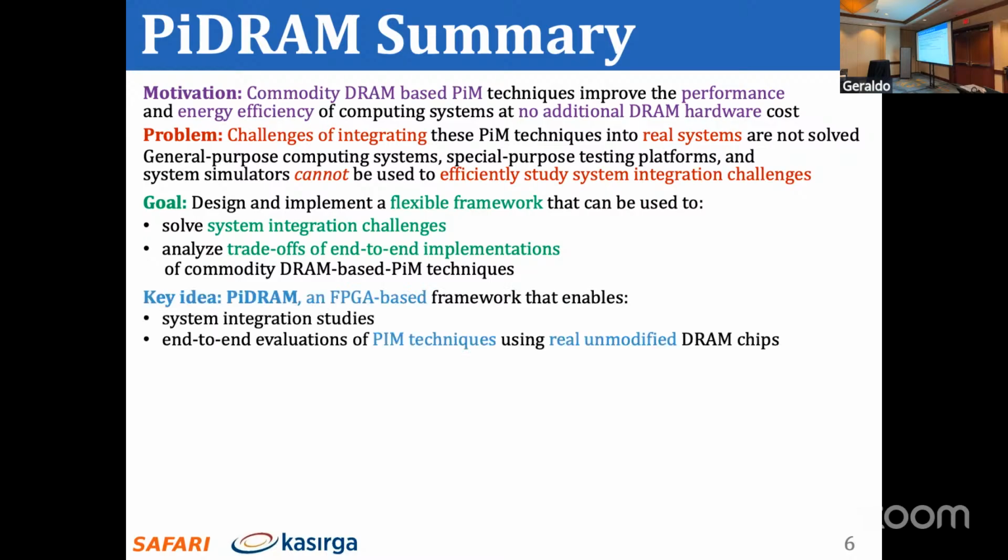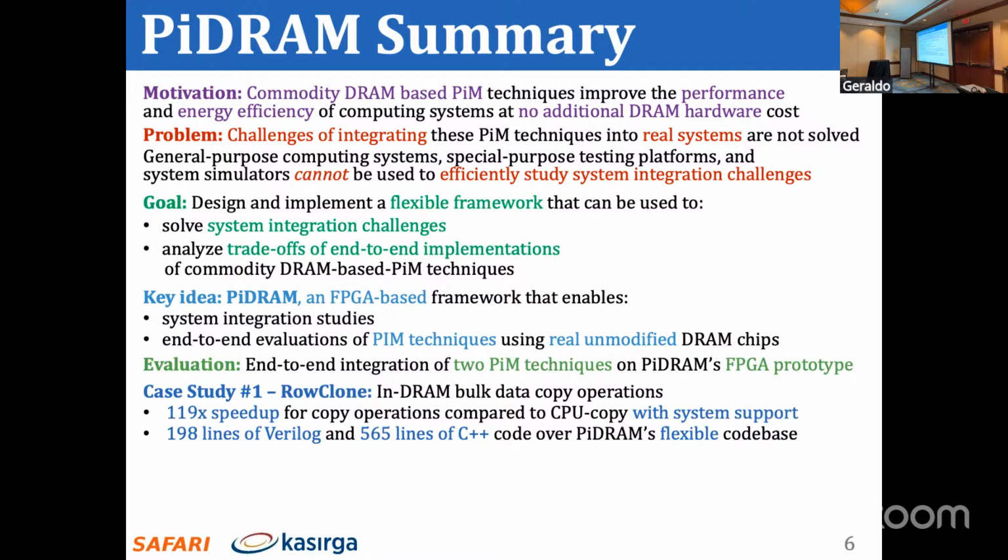So for that purpose, we developed PiDRAM. It's an FPGA-based framework that enables these studies, basically. And we evaluated PiDRAM using 2 processing-in-DRAM techniques. The first one is RowClone, in-DRAM bulk copy operations. We've seen that. For RowClone, we see significant speedups, although part of the reason why is because the processor core we have in the system is wimpy, as Onur mentioned.